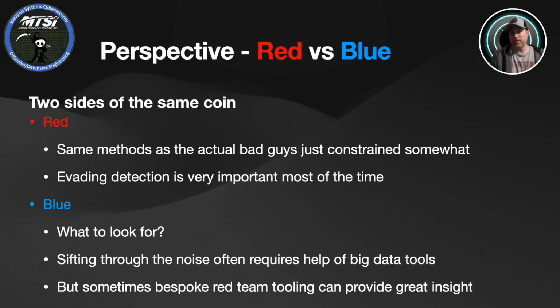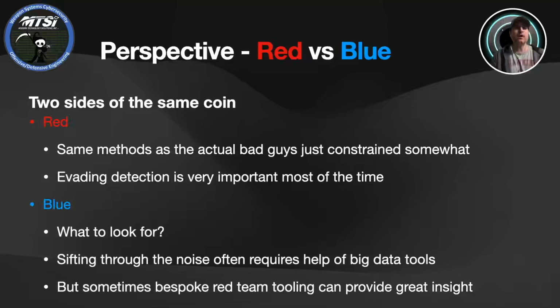And those can provide a lot of great insight, because if your tools and your people can think like an adversary, you've got a better chance of sometimes finding them, especially the quiet ones. So I want you to keep this slide in mind as we go through the rest of the talk. And just keep in mind, depending on where you sit, whether you are on the red side or the blue side, there's value in understanding these techniques.